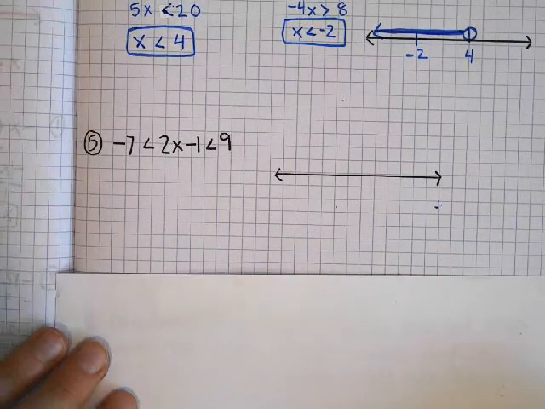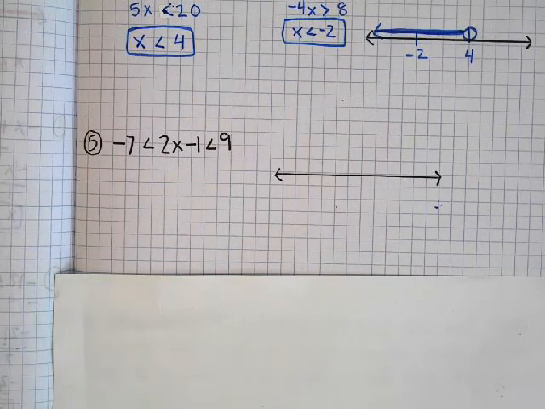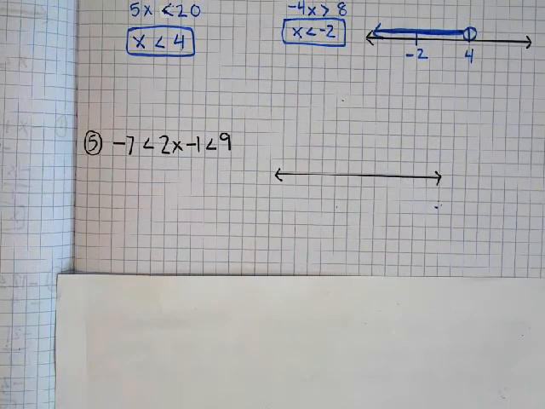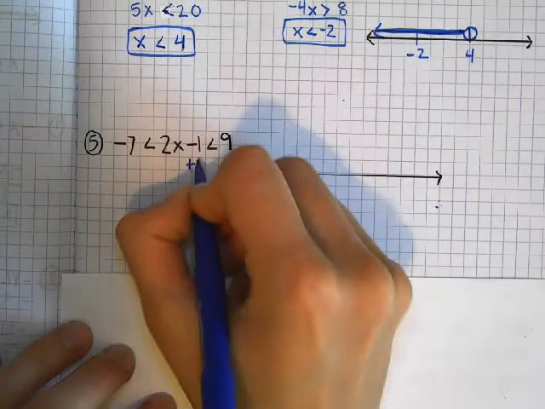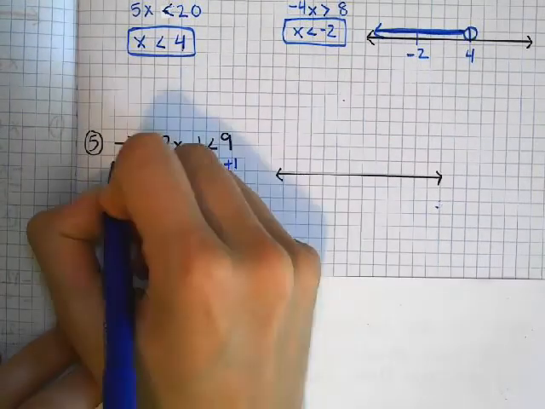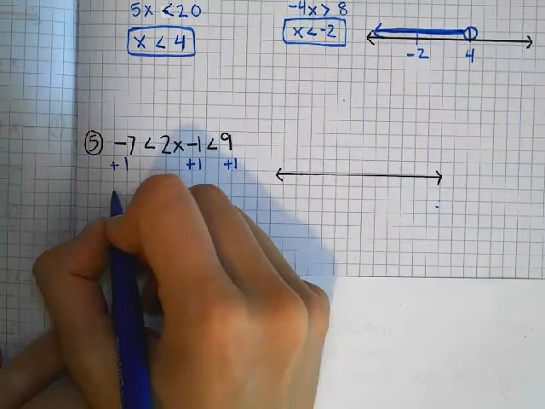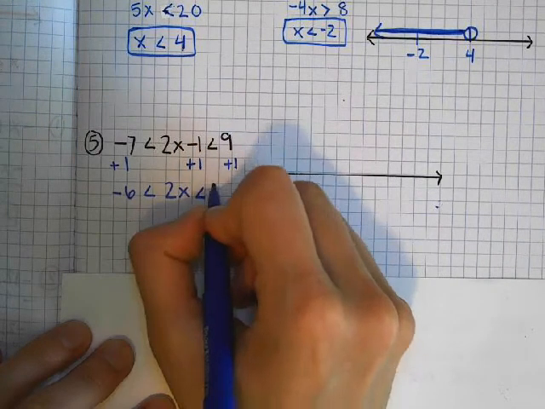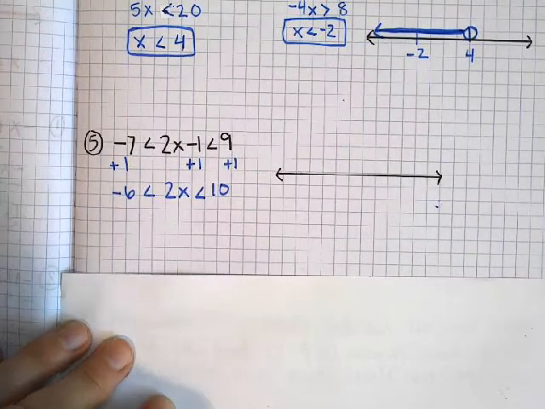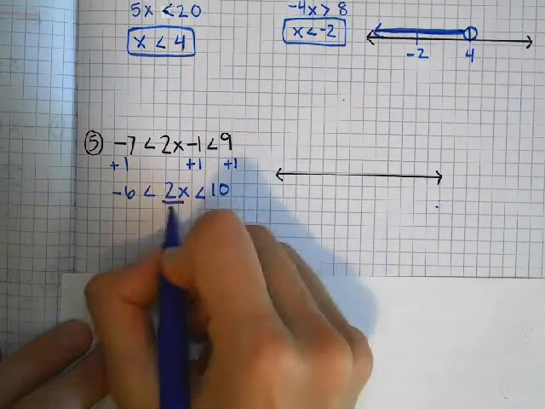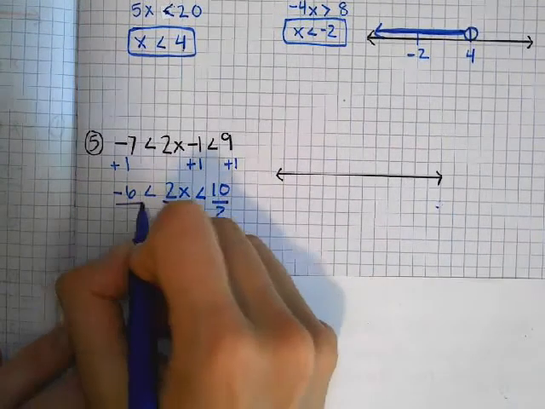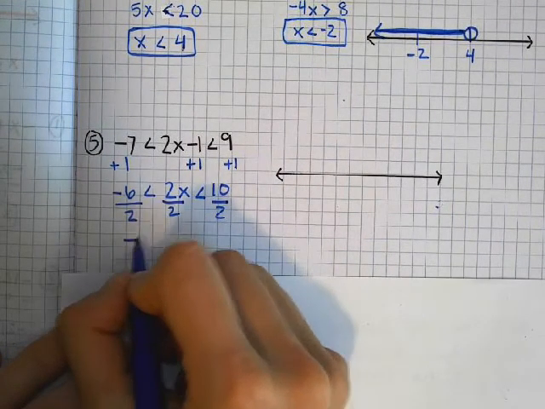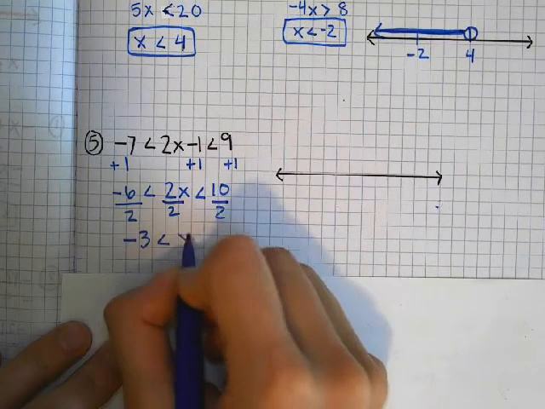All right, we've got another compound inequality. So we're going to go ahead and solve. First we solve this by adding 1 to all 3 sides. And we've got one extra step. Divide by 2 on all 3 sides.